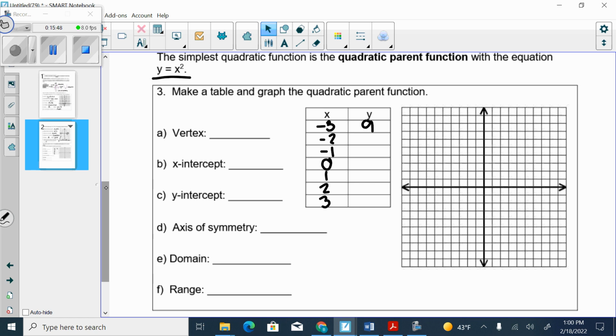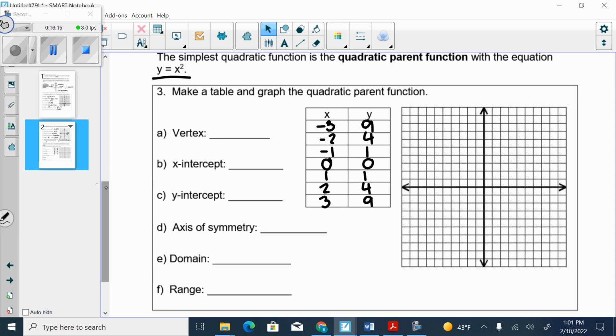What's -2 squared? Very good. And what's -1 squared? Very good. And what's 0 squared? Good. And 1 squared? And 2 squared? And 3 squared.